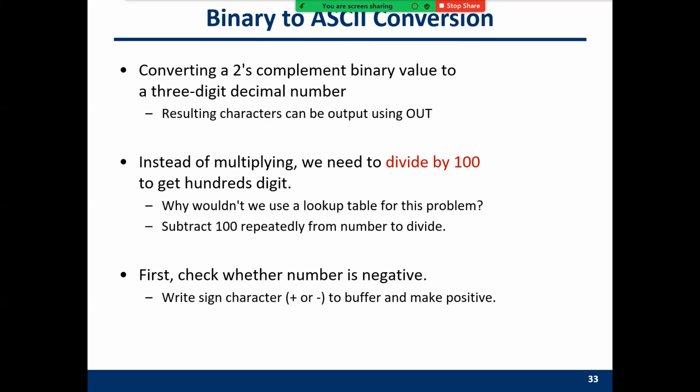The answer is no. Why? Because for the numbers from 0 to 99, if we divide the number by 100, the result will always be 0. So a lot of numbers will generate the same result. In this way, it's very difficult to implement a lookup table.